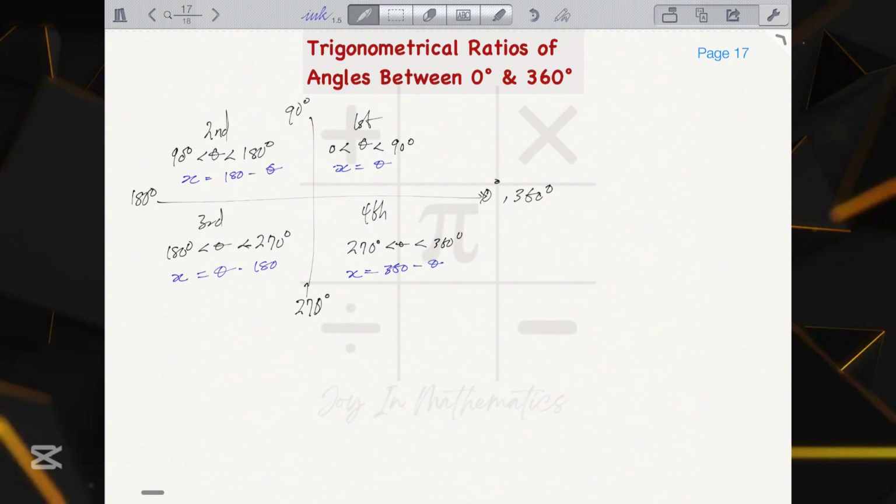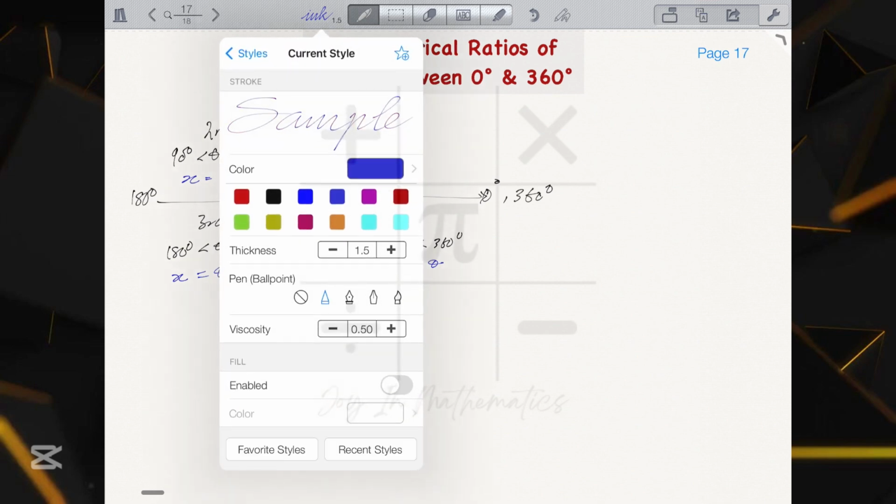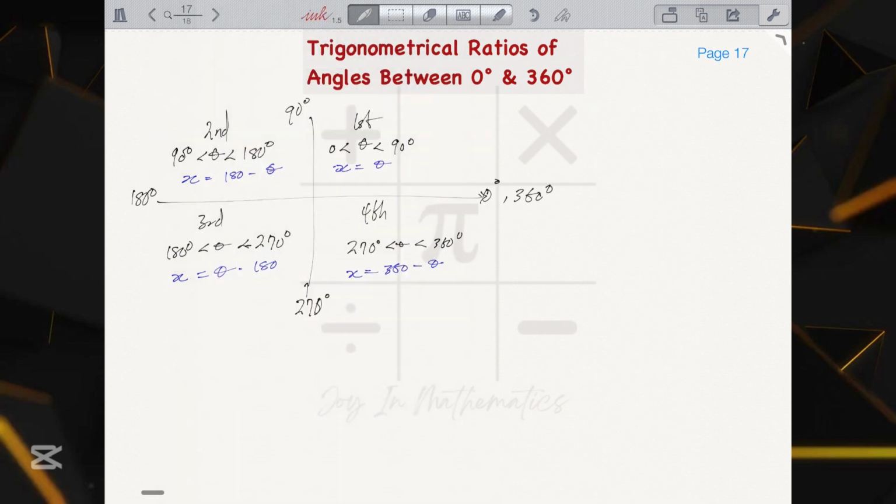So let's now consider the trigonometric ratios between 0 degrees and 360 degrees. But then before we continue, I want to introduce you to something very important, which is called SOHCAHTOA. SOHCAHTOA.